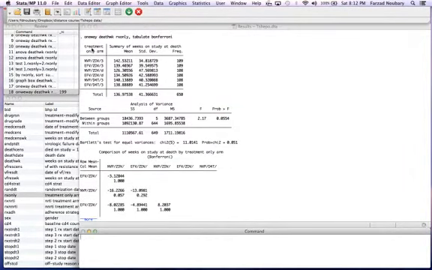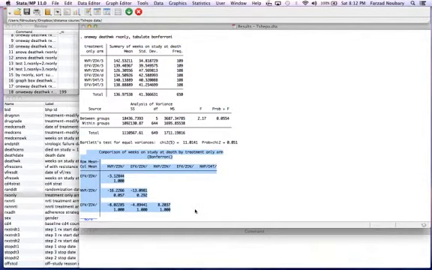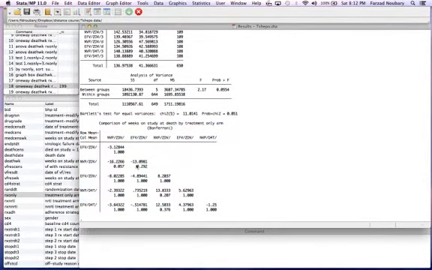So we get the same results we got before up here, all the way down to here. And then this is the new part. So it's the comparison of weeks on study at death by treatment arm with the Bonferroni correction. Okay, this is like the output that we saw in lecture.